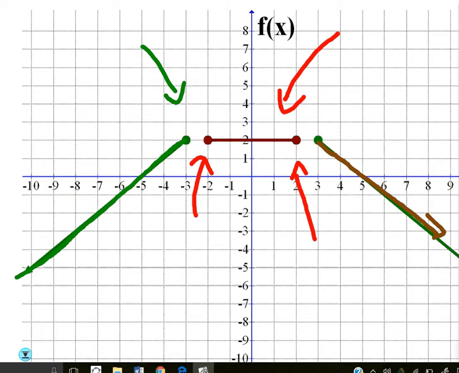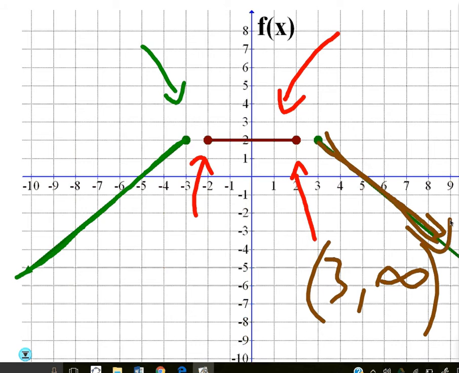In terms of x, from 3 to infinity, the graph goes down. So your answer has to be in terms of x, but it's explaining what y is doing. That's why the answer is not negative infinity, because it's what x is doing. If you were to do that before, you would have had negative infinity to 2. If you were doing that in terms of y, it'd be from negative infinity to 2. But again, the answer is in terms of x, where y is increasing.